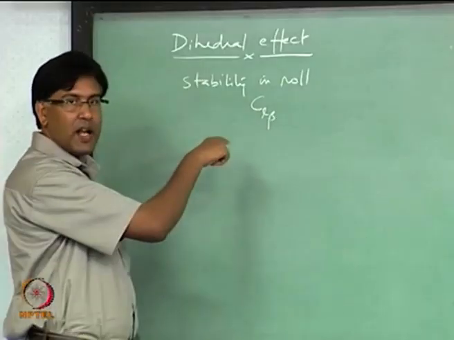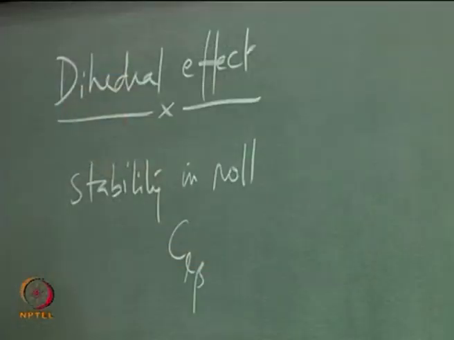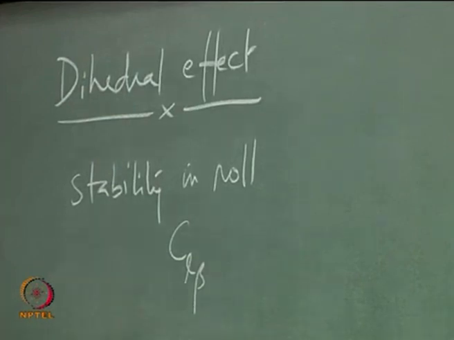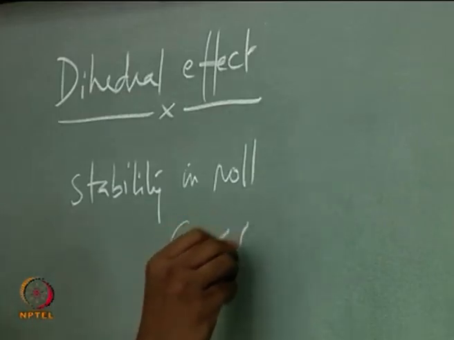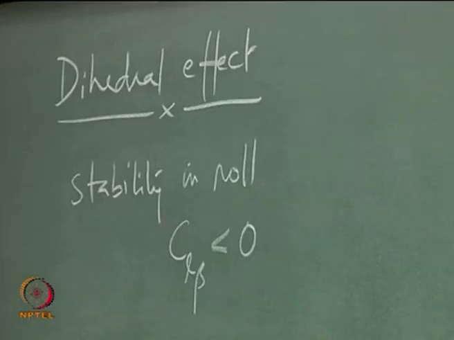And it is given by this parameter CL beta, the change in rolling moment coefficient with respect to a change in small side slip angle. And that, we said, must be less than 0 for stability in roll.